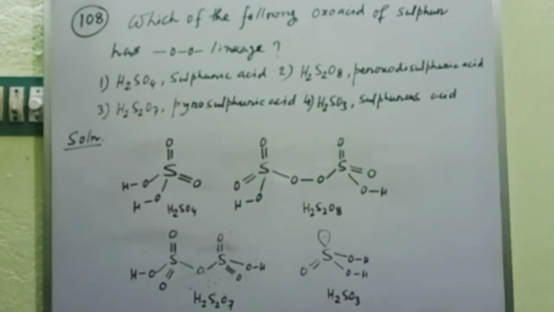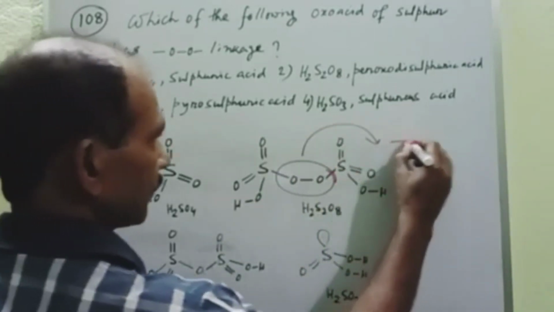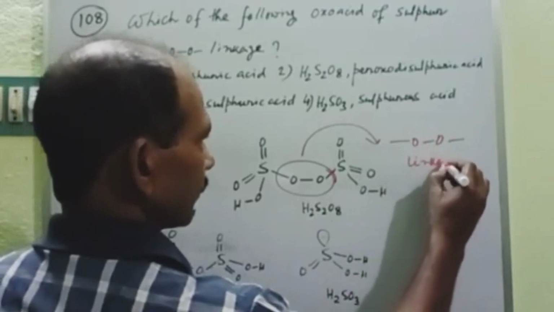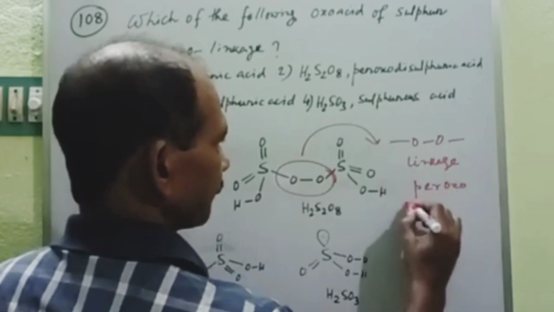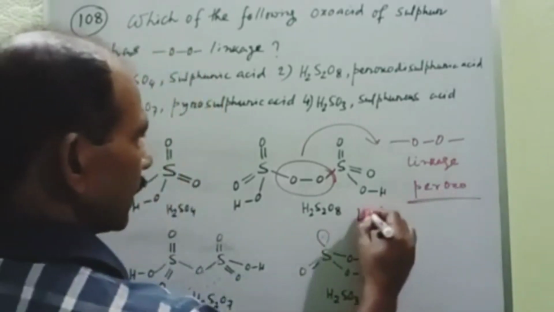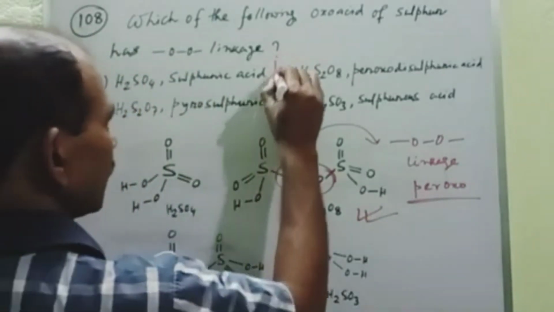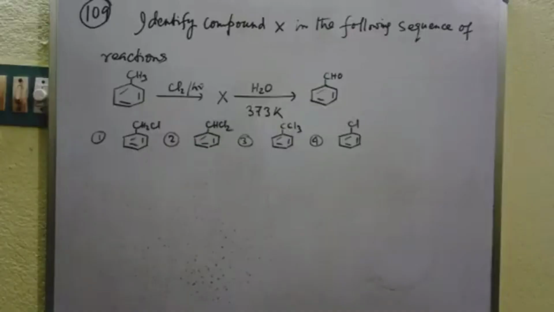In H2S2O8, this is the peroxide linkage, this peroxide. Therefore, this is the right answer. That means option 2 is the right answer.